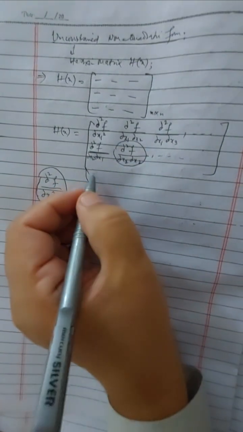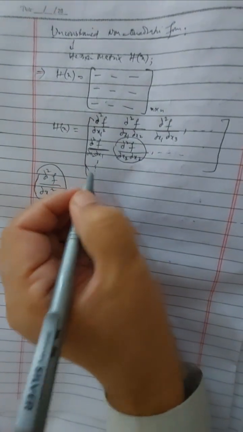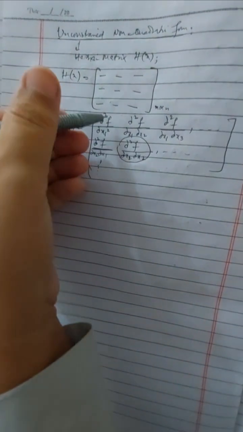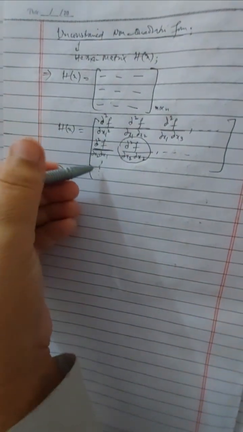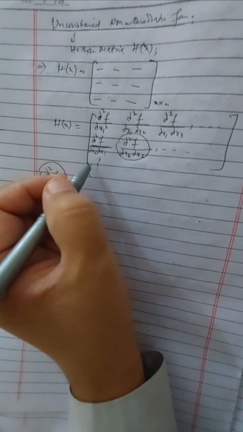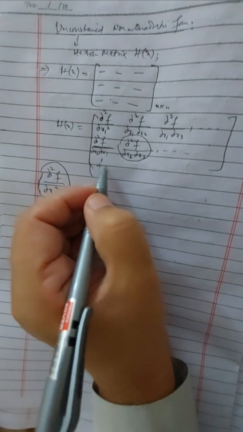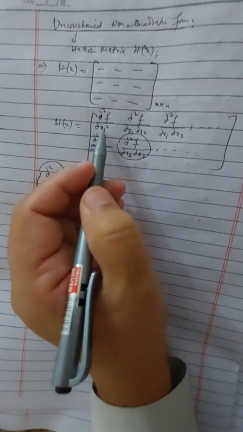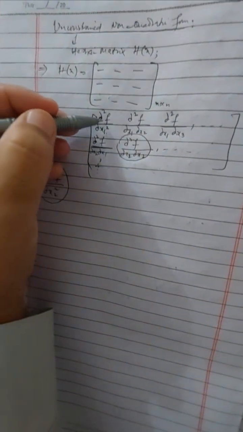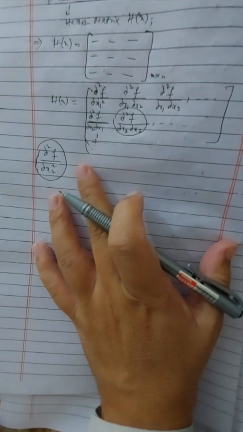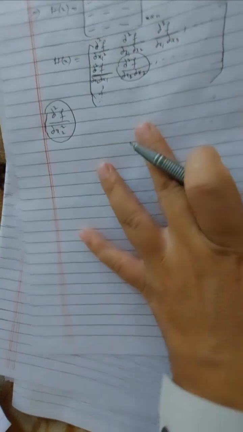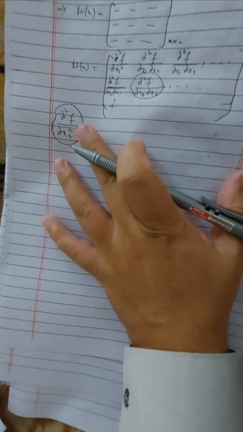In the vertical we go from x1 to x2 and x3 for the second order derivative, and in the row form we go from x1 x2 x3 and so on, and in the column form we also go from x1 x2 and x3 and so on for the second order derivative, okay. So this is the H of x, this is the Hessian matrix, okay.